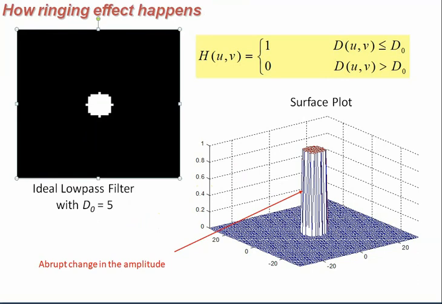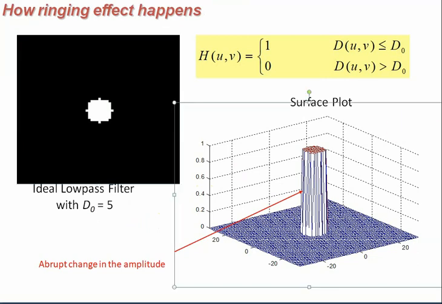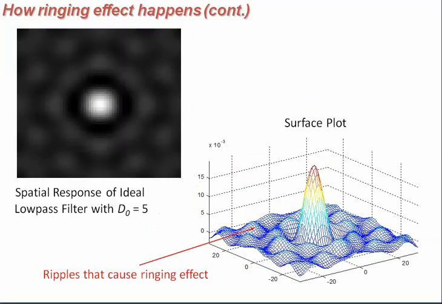If I apply the inverse transformation on that, I can get the spatial domain image like this. This is the spatial domain image for the ideal low pass filter with D naught 5. If I plot this H of x comma y against x comma y, I can observe ripples. This is the graph between H of x comma y and x comma y.